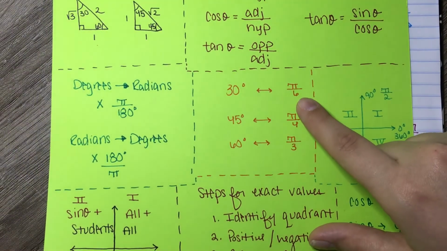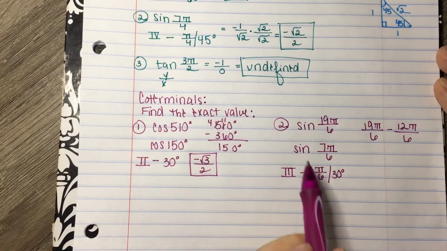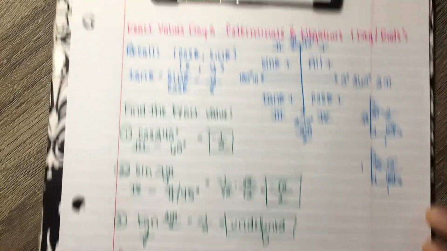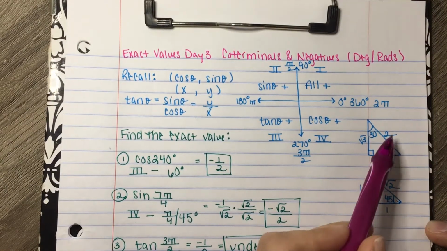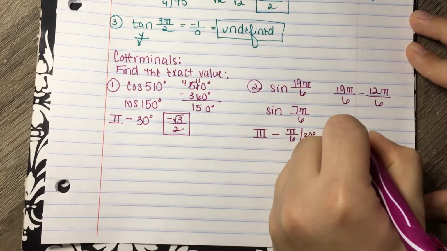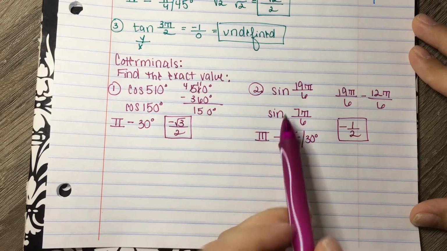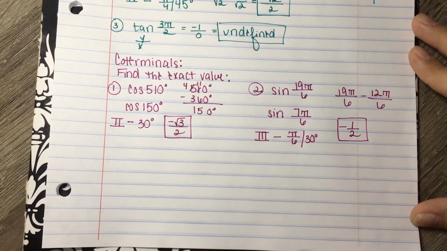Go back to your reference sheet. Pi over 6 is 30 degrees. So we're going to do sine of 30 degrees and make it negative. Here we are at 30 degrees. We have opposite over hypotenuse, and our final answer here is going to be negative 1/2. Boxing it in because I got a lot of scrap work there. So sine of 19 pi over 6 is equal to negative 1/2.